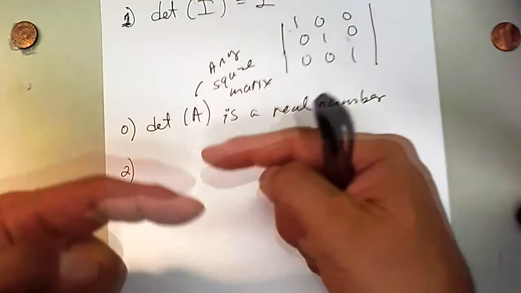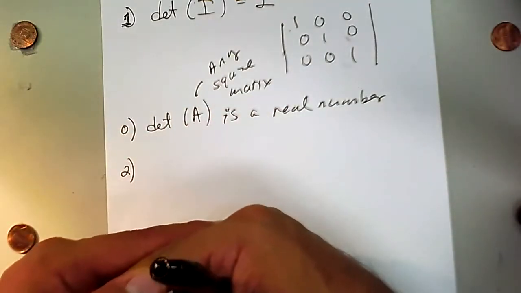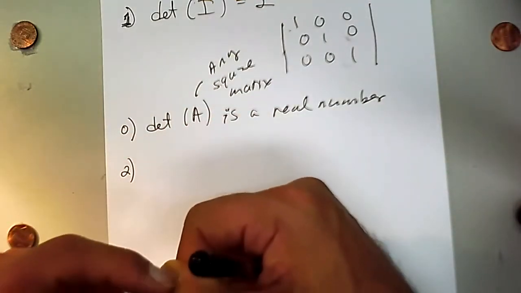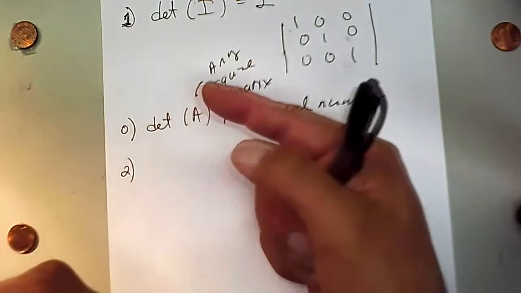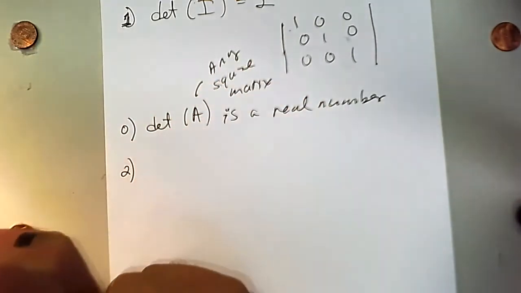If you swap 2 rows of a matrix, then the corresponding determinants are going to be opposite.